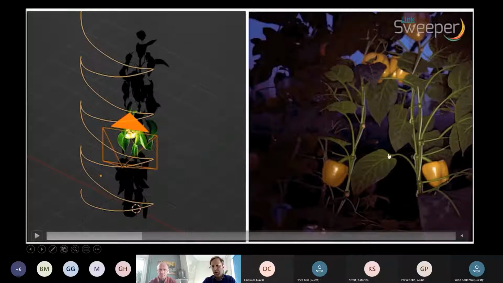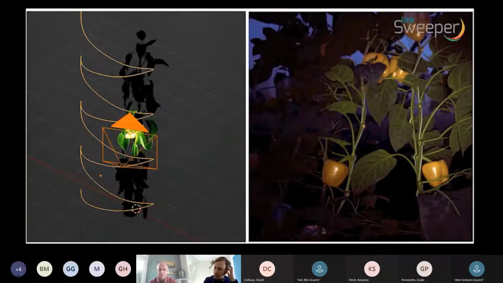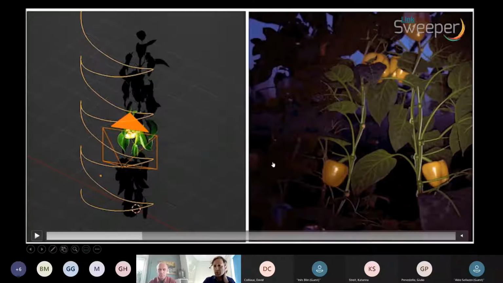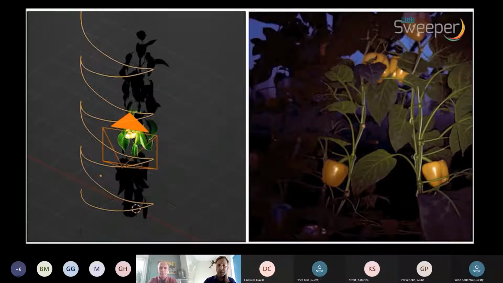So what we are looking at here is not a real plant, but a generated artificial plant with artificial plant parts, leaves, and peppers. Because he was generating it in a virtual domain, he already knew which were the plants, leaves, stems, and peppers. So he could generate training data for an AI approach. He completely jumped over the problem of labeling data.